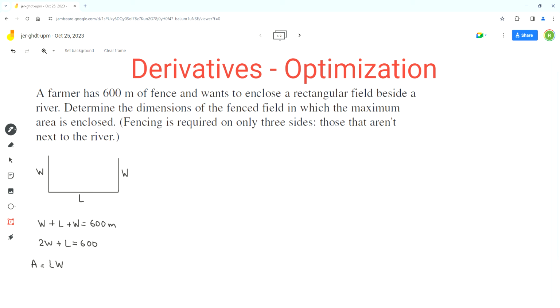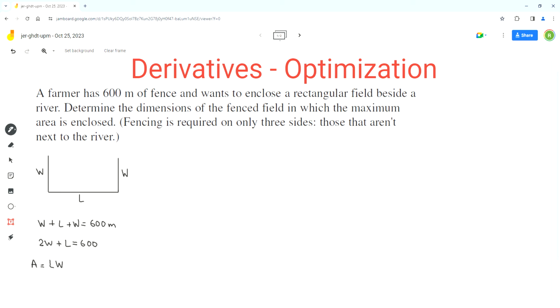Now this area equation has two variables L and W, and we can isolate L from the length equation and do the substitution for L in the area equation. Now we want to isolate L because the coefficient of L in the length equation is 1, so it's easier to isolate L from this length equation.